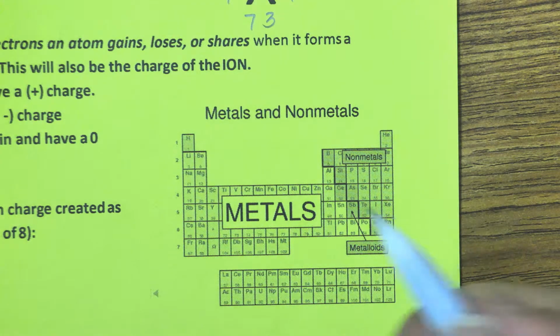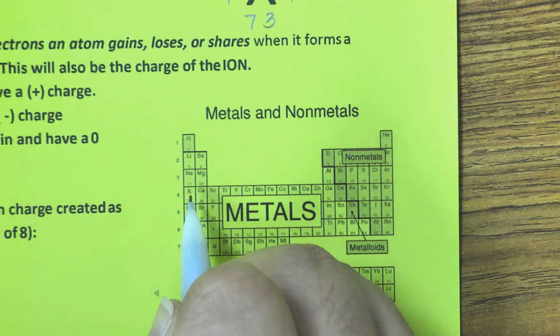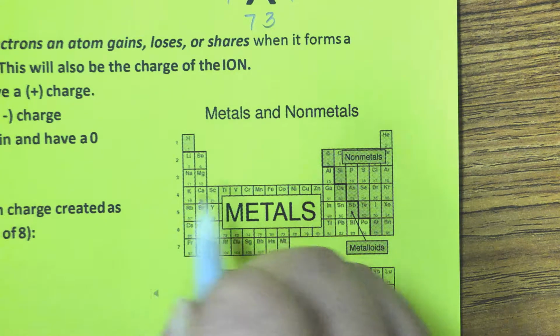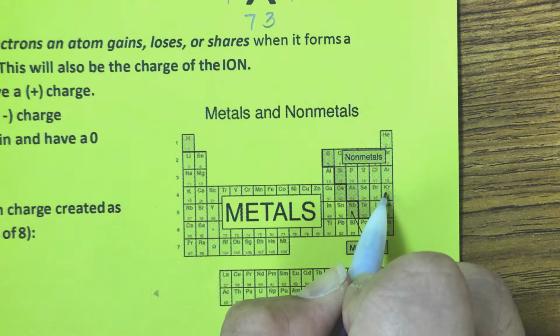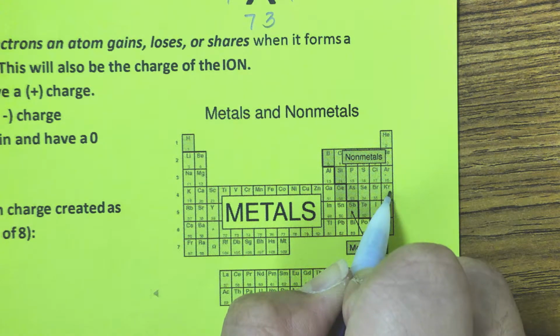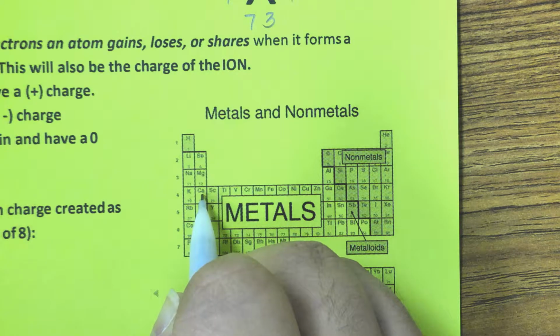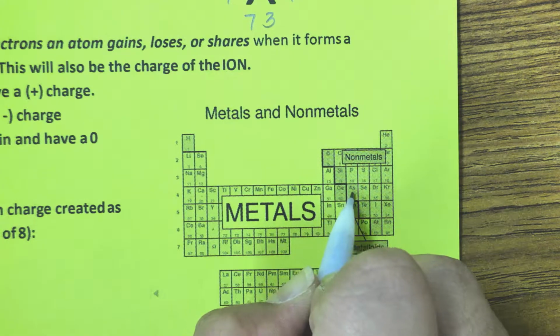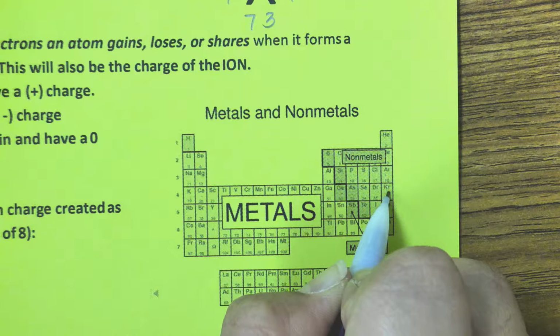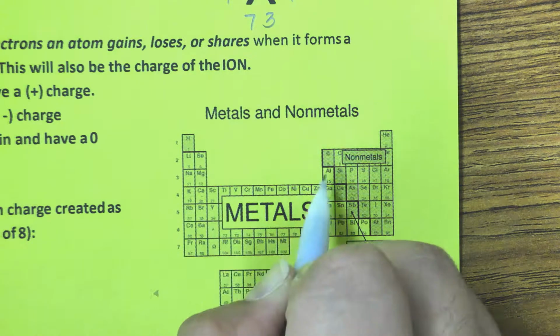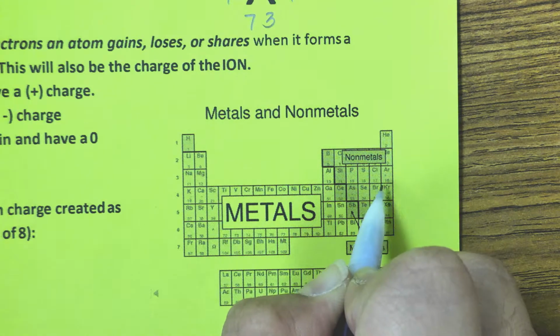Okay, so an example, let's use potassium. So potassium has 1 valence electron. Well, if it wants to be a noble gas, its options are argon or krypton. So is it going to be easier for potassium to gain 1, 2, 3, 4, 5, 6, 7 electrons, or is it going to be easier for it to lose 1 electron and become more like argon?